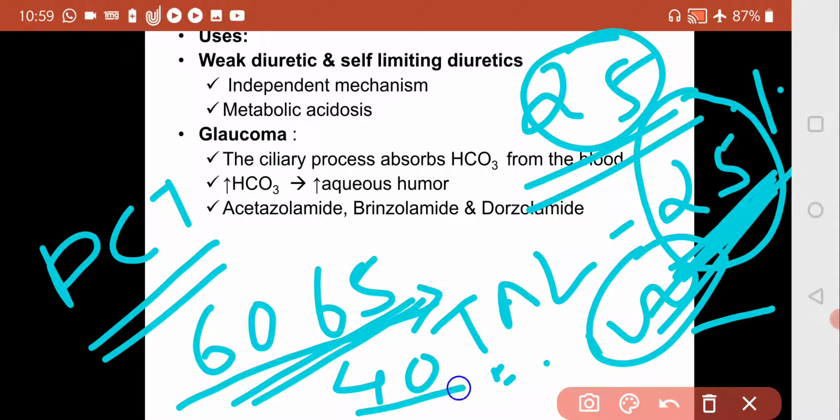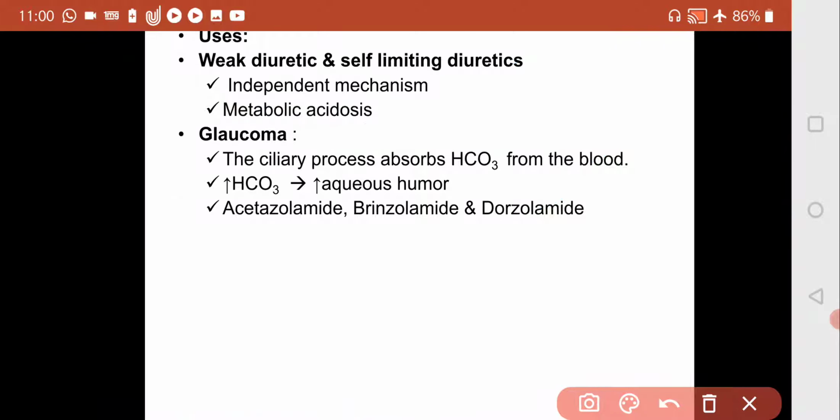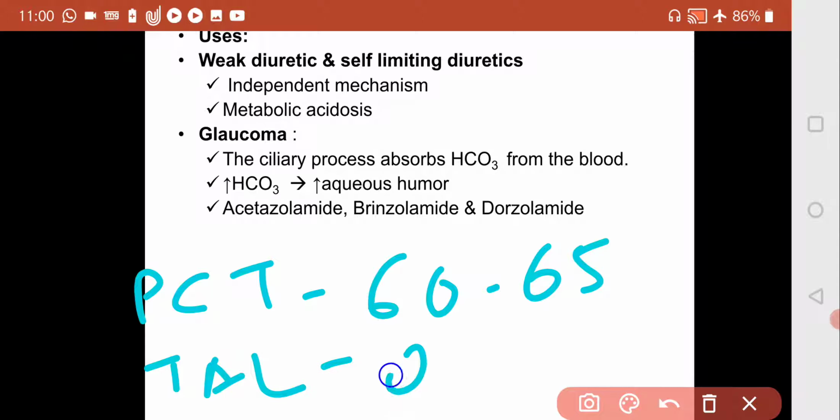But it does not occur because there is some independent mechanism that reabsorbs the bicarbonate ion, and also due to acetazolamide there is a metabolic acidosis. So we cannot increase the dose of this carbonic anhydrase inhibitor. So there is more reabsorption. In the proximal convoluted tubule 60 to 65% absorption occurs, and in the thick ascending limb of the loop of Henle there is only 25%.